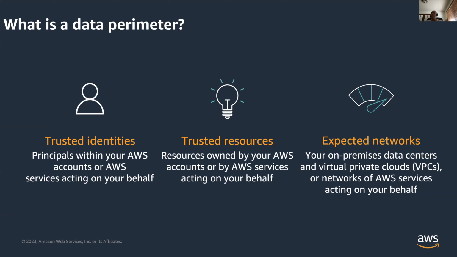Those identities need to access trusted resources, which are the resources owned by our AWS account or by the AWS services acting on our behalf. And again, they come from our expected network, usually our AWS cloud, on-prem data centers, other cloud providers we have a trust relationship with, or our federated users.